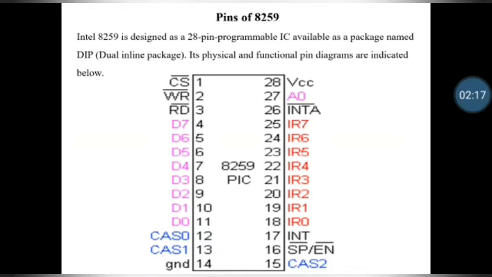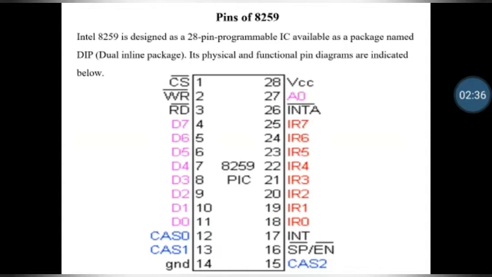Means when this signal becomes low, at that time the data will be sent to the processor through the data bus.